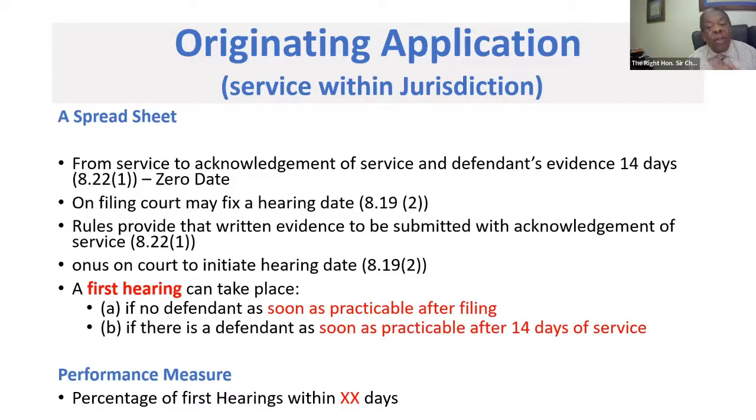But it will also inform litigants and attorneys of the way in which these cases are going to be managed. And based on the concept and the overriding objective that the attorneys have to assist the court in managing the case appropriately, they will be expected to assist the court in meeting these performance measures.